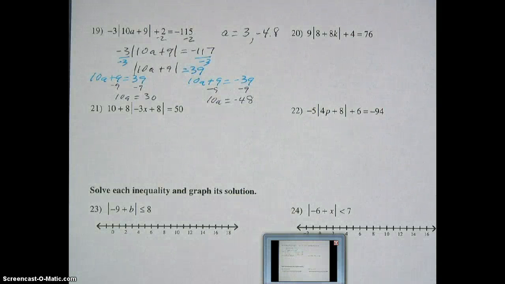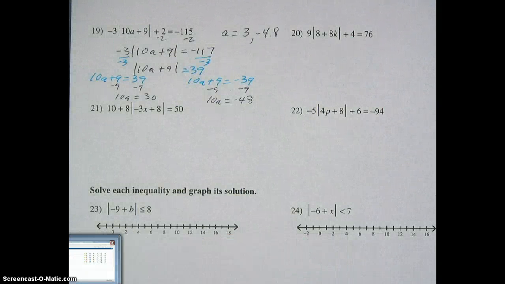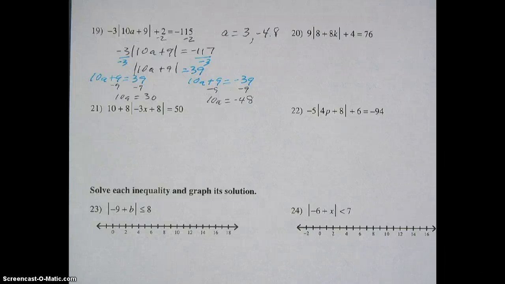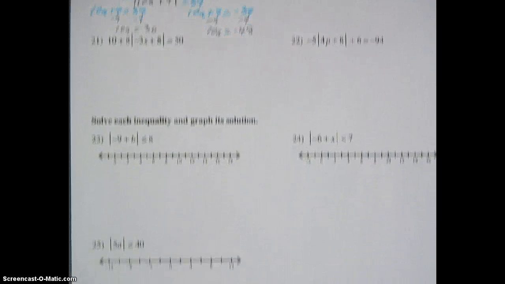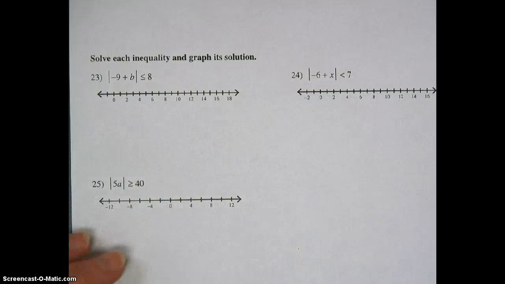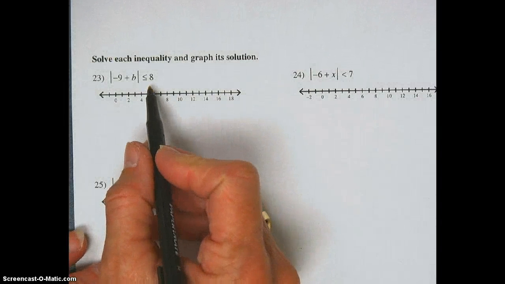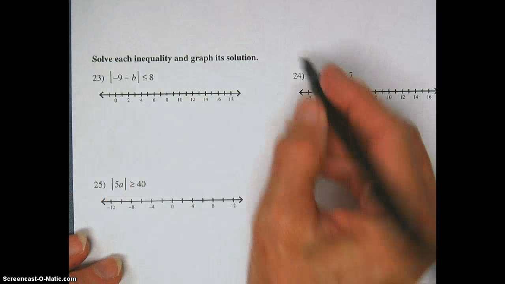The last thing I'm going to go over or remind you with is how we solve inequalities. And when we solve inequalities, it works a little bit similar, but because we have a less than sign, it works a little different. So let me lay out the steps for you.